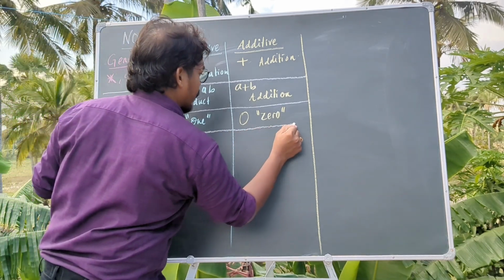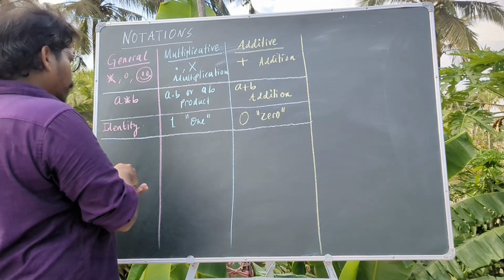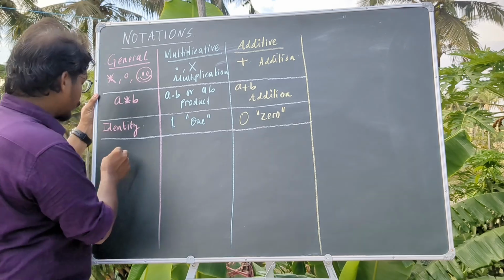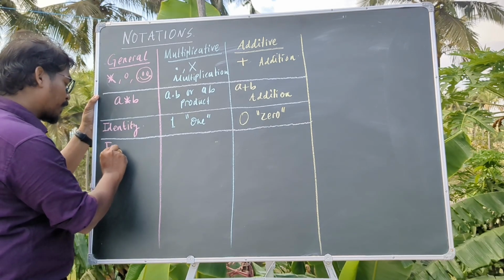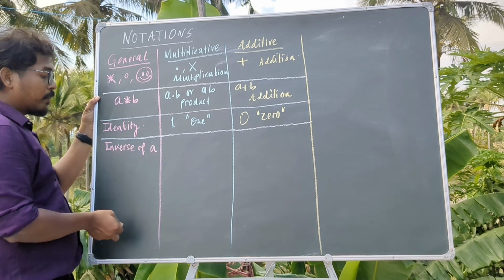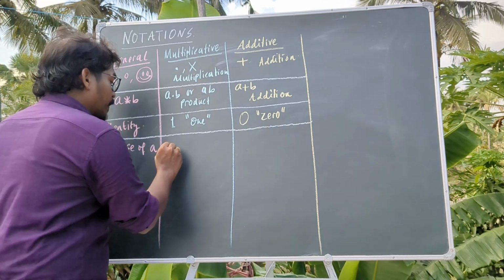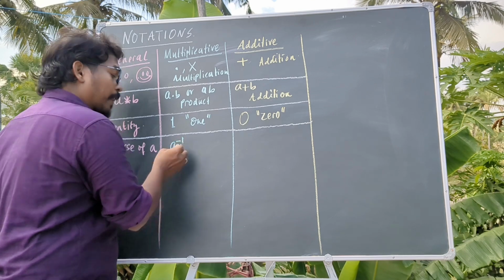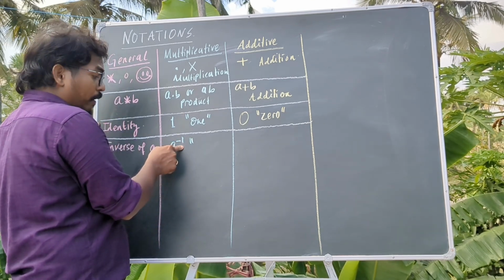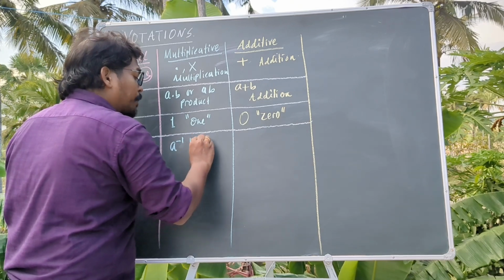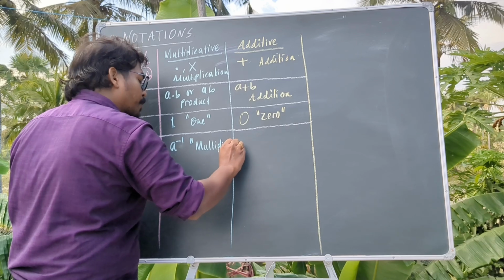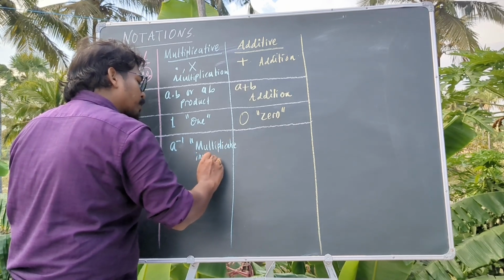This is our next row. Now we have inverses. For the inverse of any element, we have to write the whole thing: inverse of a, and it will be reduced to only the symbol a inverse, a to the power minus 1, and it will be read as multiplicative inverse of a.